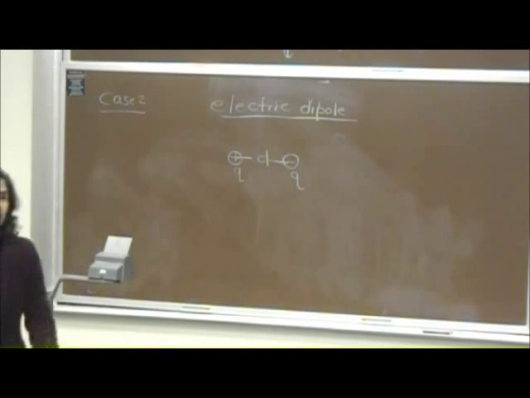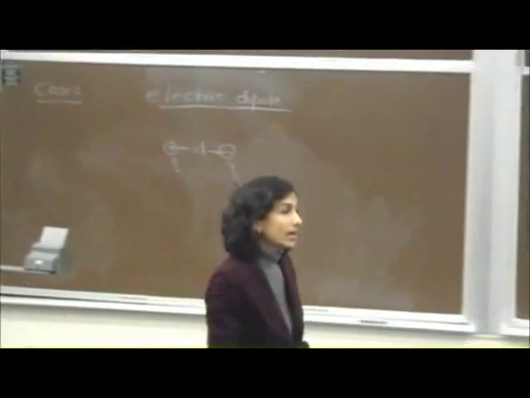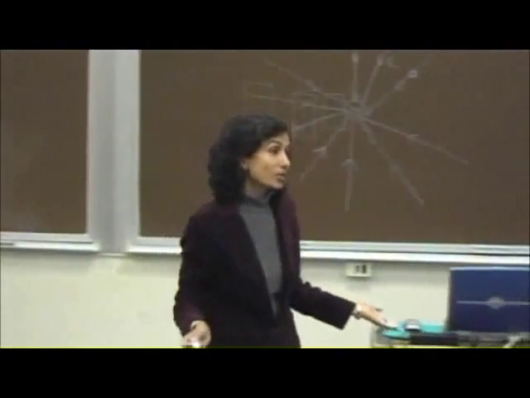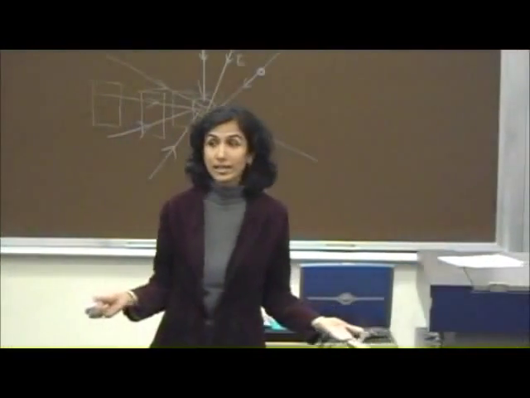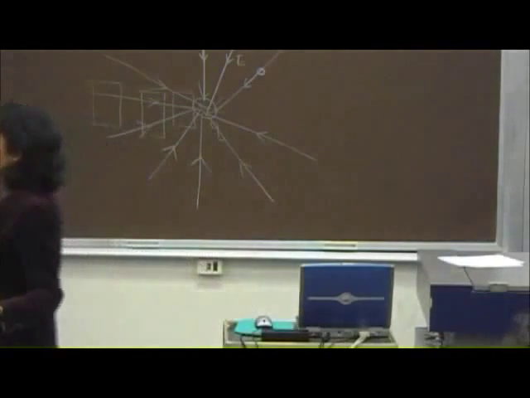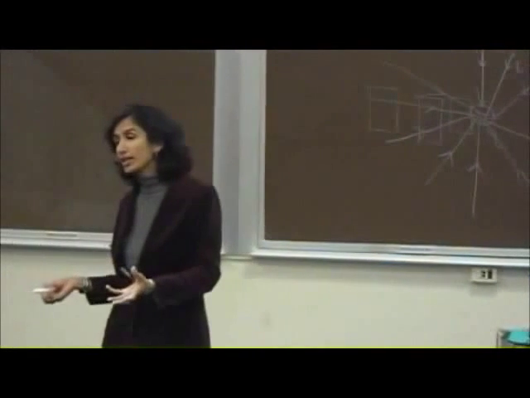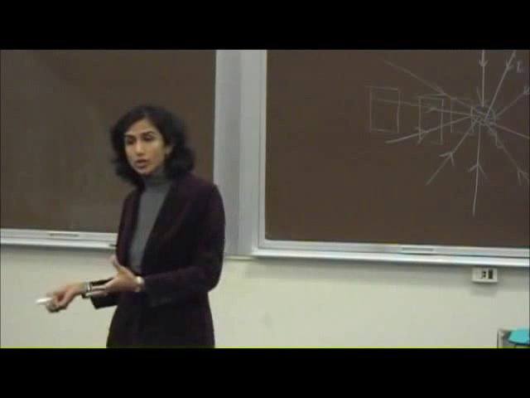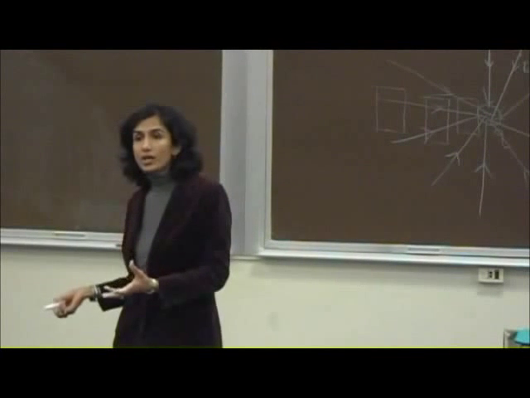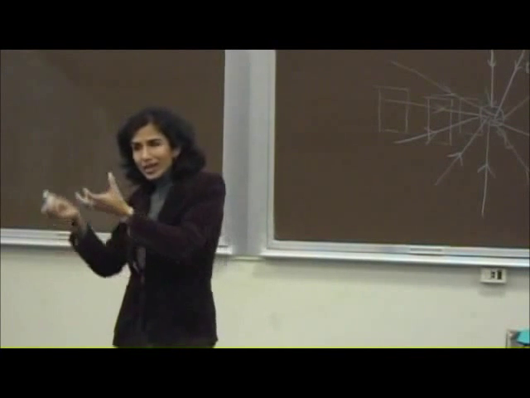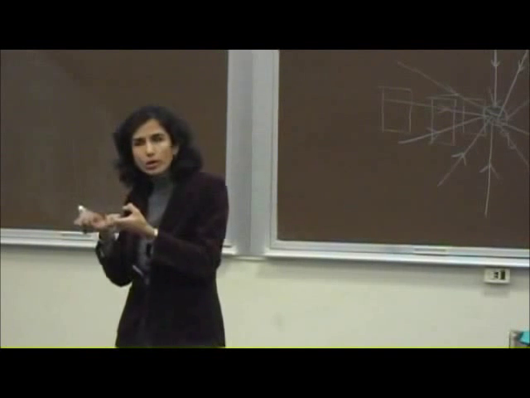Now what he was explaining, for example, could happen in water. Water, it turns out, is an electric dipole. You know why? Because water is H2O, so it has two hydrogen atoms and one oxygen atom. It turns out that the oxygen pulls the electrons more towards it.